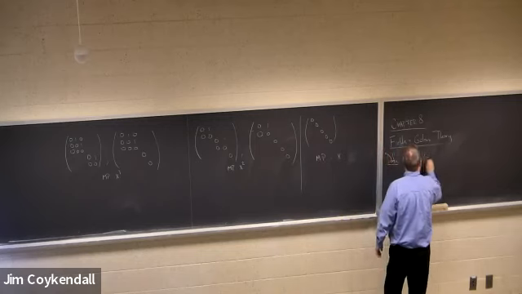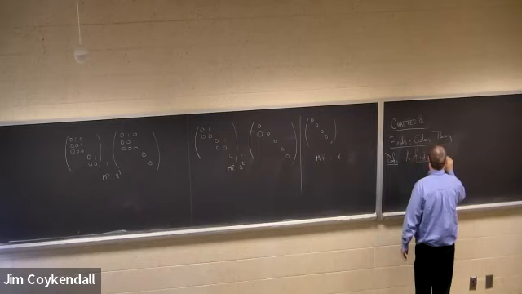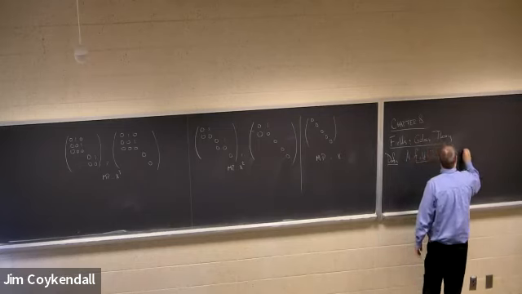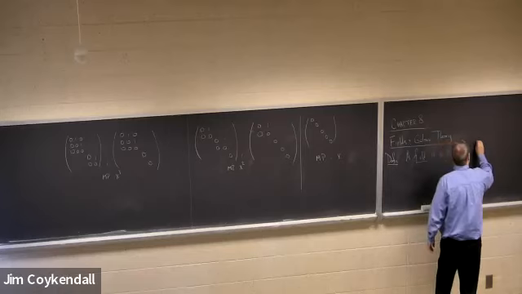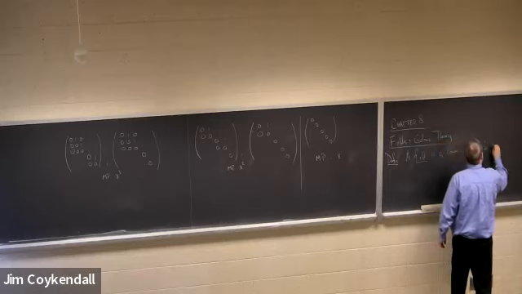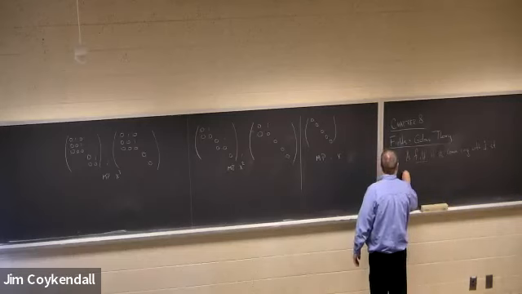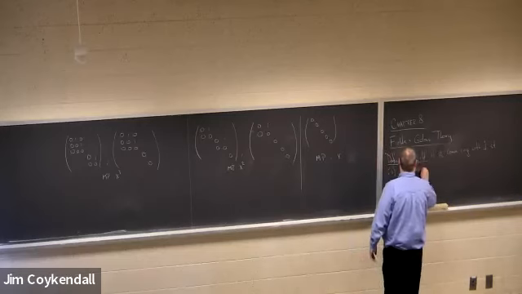A field is a commutative unit ring with identity such that 0 is a maximal ideal.